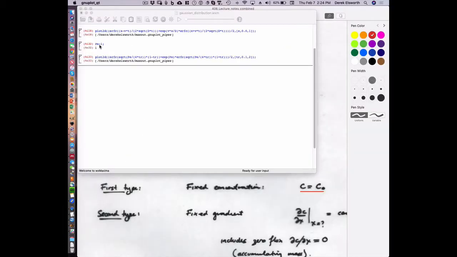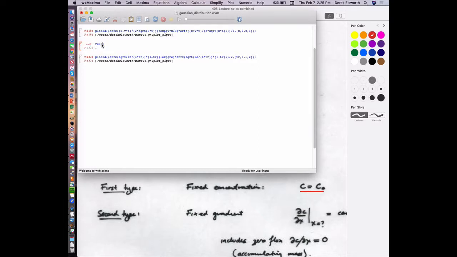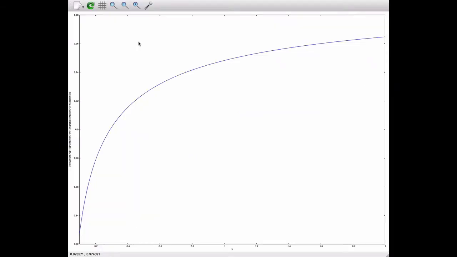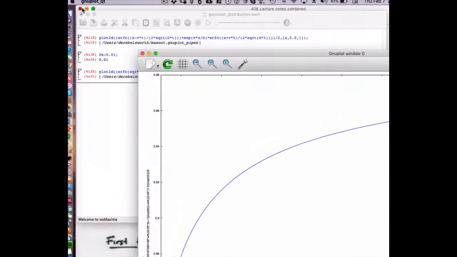If we make it 0.01 and run it again, then the value we get is given by 50%. You probably can't see it. Let me zoom in so you can see it.